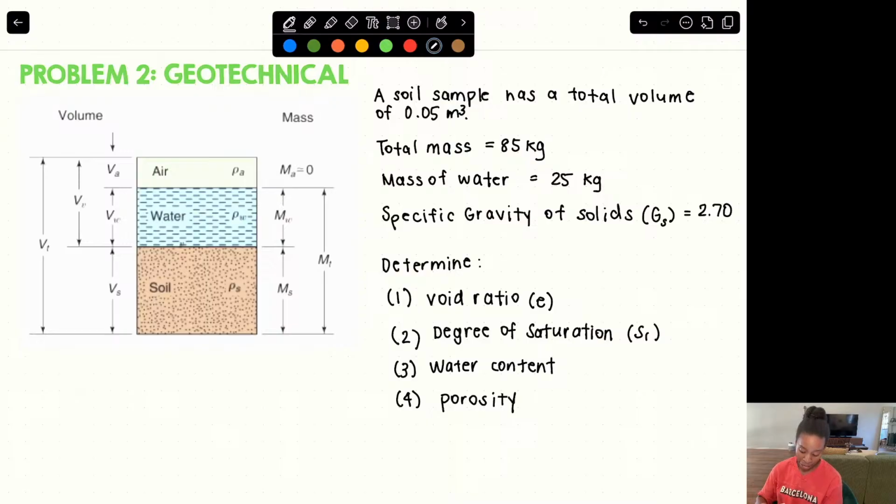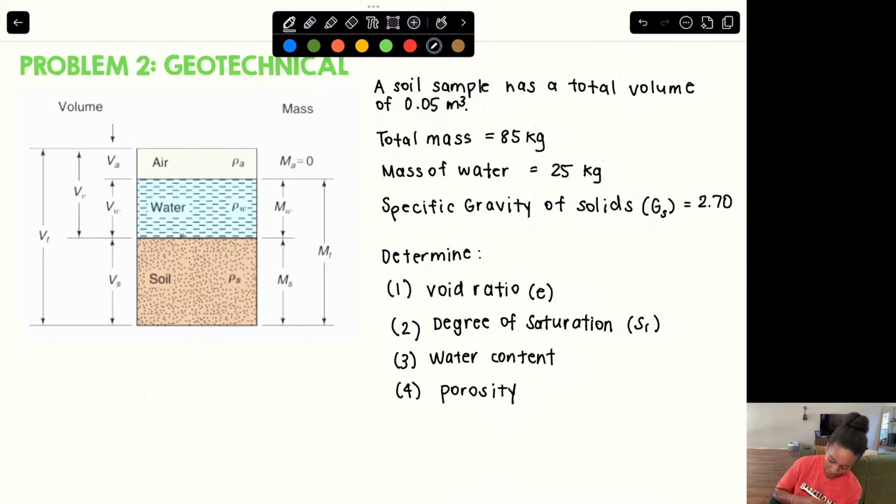Okay, so let's find the mass of the solids. Let me write in a different color to show that we're solving. Let's do brown. It's geotech.